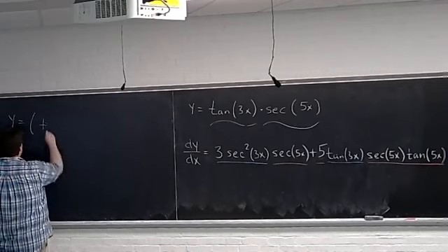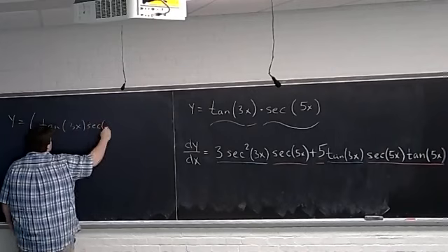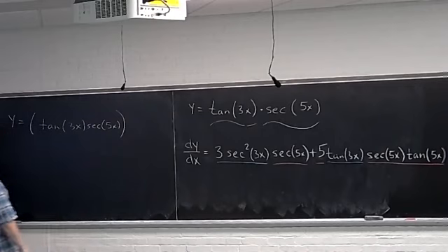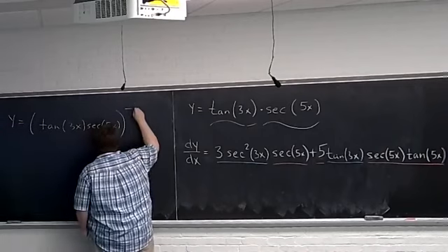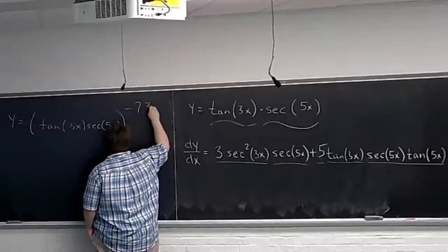Well, yeah, okay. Let's take our tangent of 3x times secant of 5x. But instead of just taking that, let's raise it to the negative 73rd power.